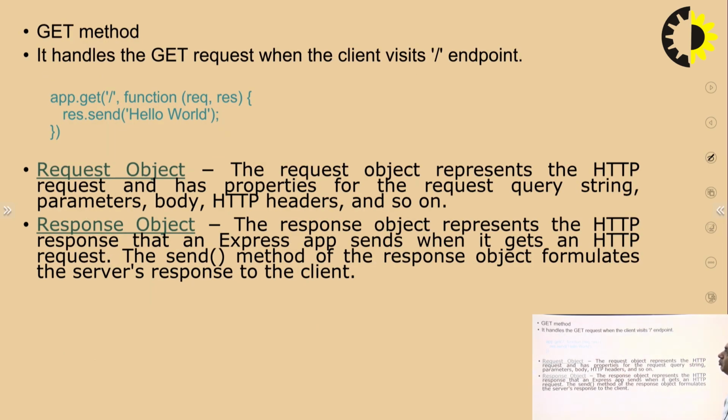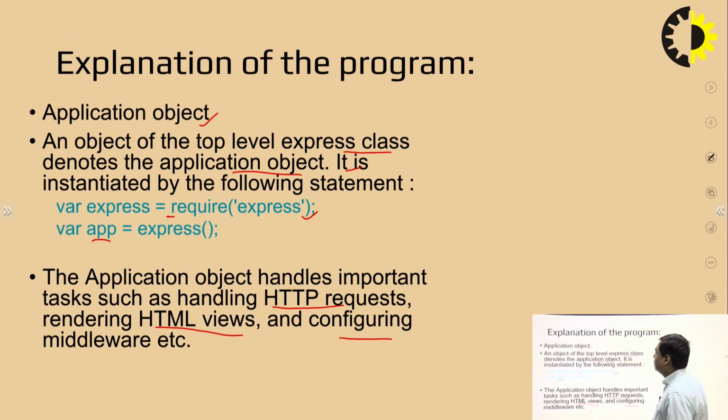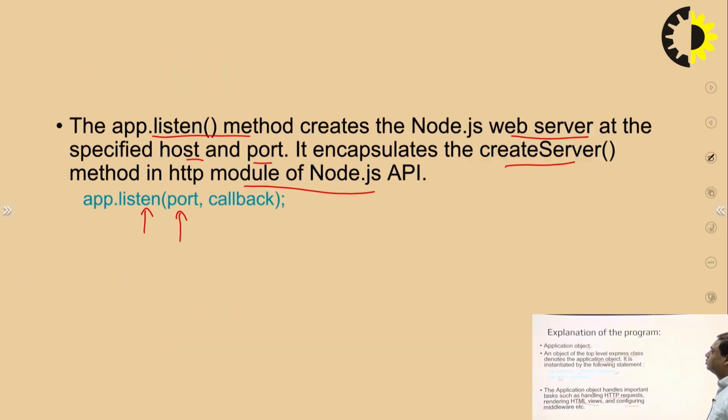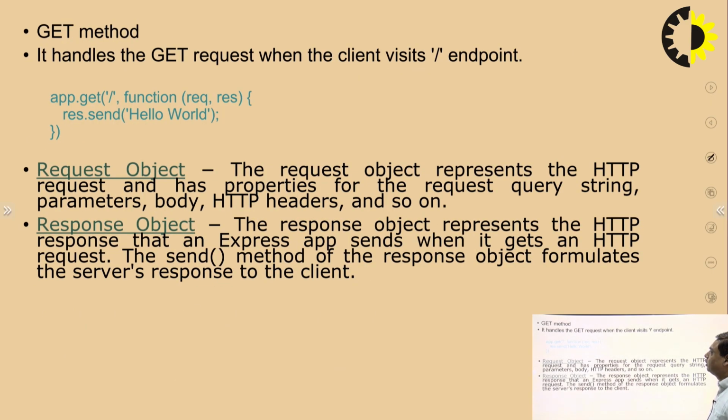Now, in case of the GET method, as I have given in the previous example, in this example we are calling the GET method because we are sending the request by HTTP GET. So, the GET method handles GET requests when the client visits this endpoint URL, which represents that we are going to start from root, with a function of request and response, and we are sending a file, hello world.